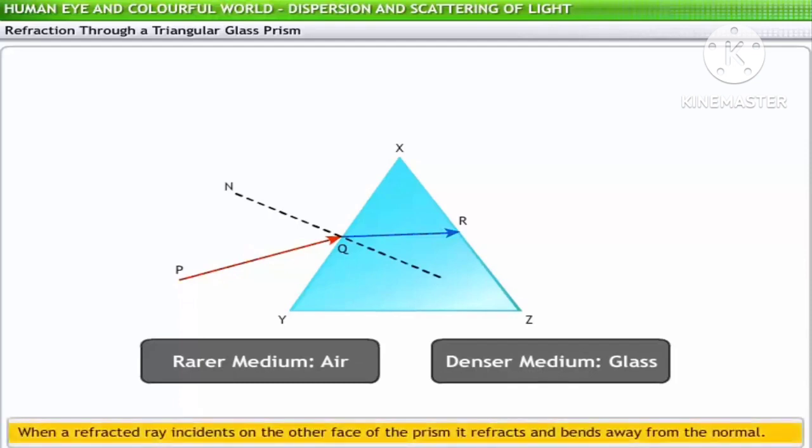When this refracted ray is incident on the other face of the prism XZ at R, it refracts again and becomes the emergent ray RS. Here, the light ray refracts from a denser medium, which is glass, to a rarer medium, which is air. Hence, the light ray bends away from the normal. Thus, a light ray refracts twice as it propagates through a triangular glass prism. The emergent ray always propagates towards the base of the prism.